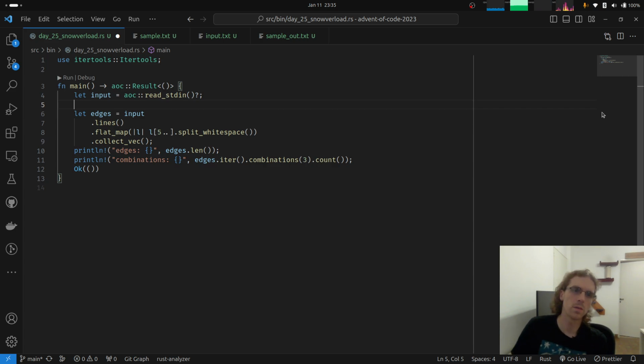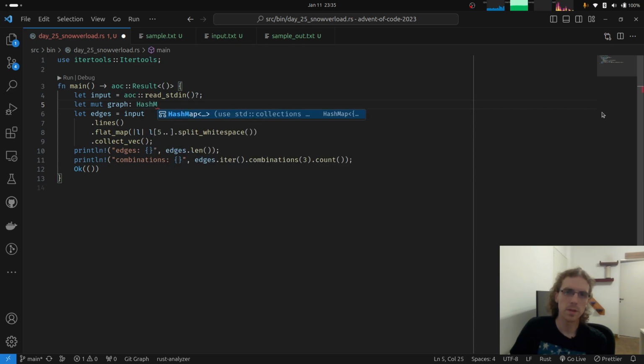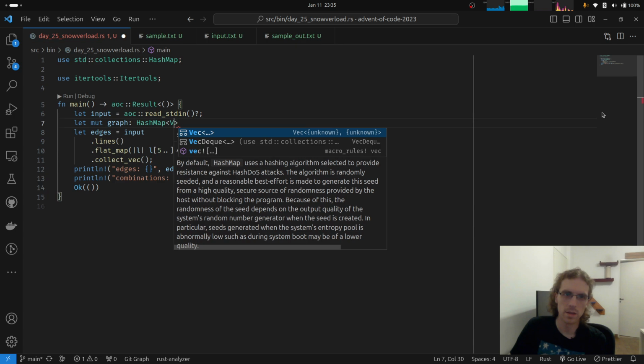But it doesn't make much sense because I'm not even sure the representation of the graph that I will choose will make much sense for the actual solution. But maybe we can try that.